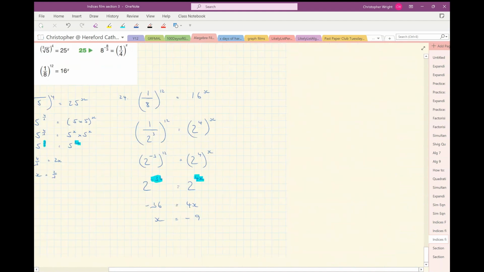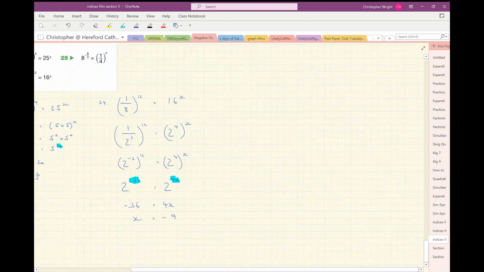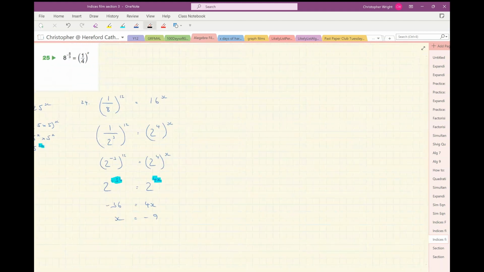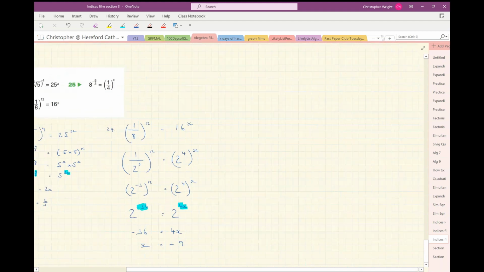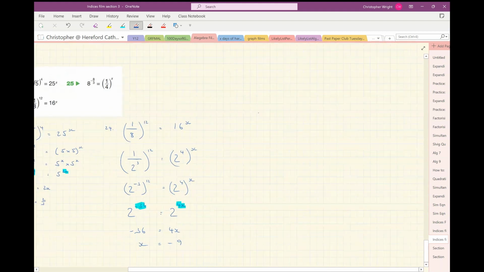And now let's have a look at number 25. I have got 8 to the power of minus 8 thirds. And that equals a quarter to the power of x. Well, let's write both of these into base 2. So I've got 8 is 2 cubed. So I've got 2 cubed to the power of minus 8 thirds.